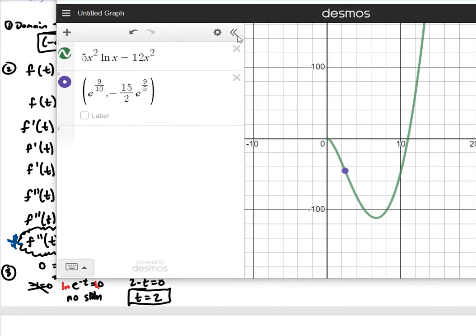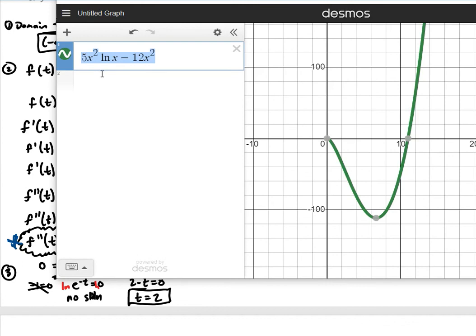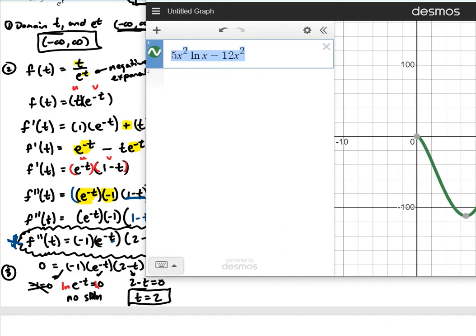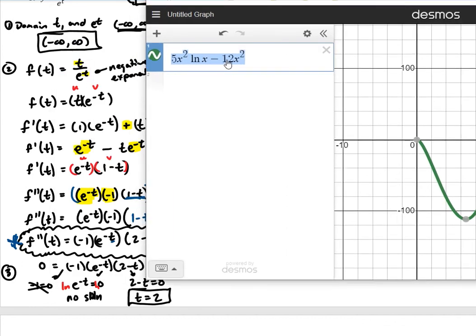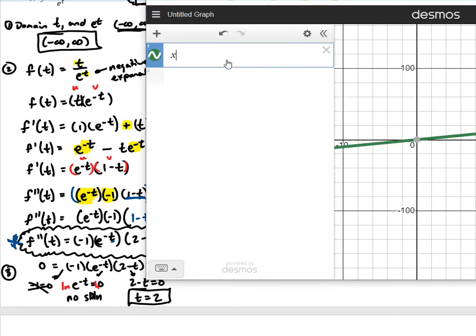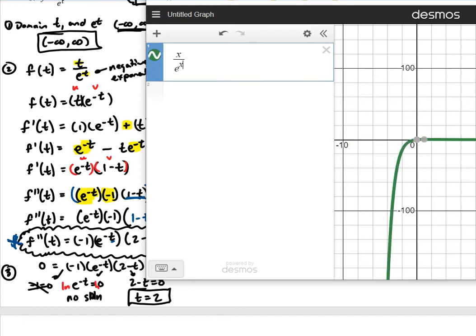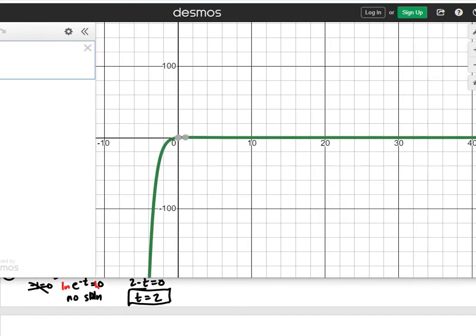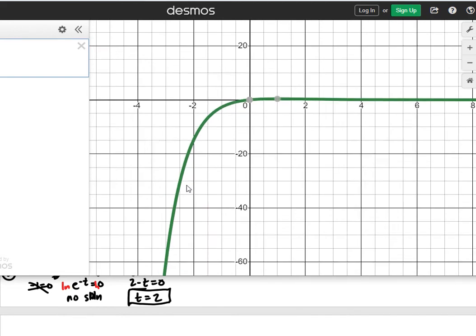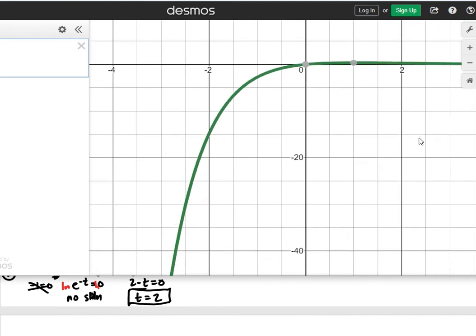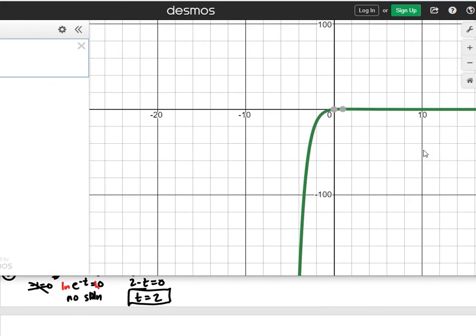Okay, so let me exit that, and then let's get this function graphed. Okay, so remember, it likes x over, t might be okay. Nope, I don't think so. It wants x divided by e to the x. Okay, so that's what this looks like, and then at 2 is where it's important. So I need to kind of zoom in there.